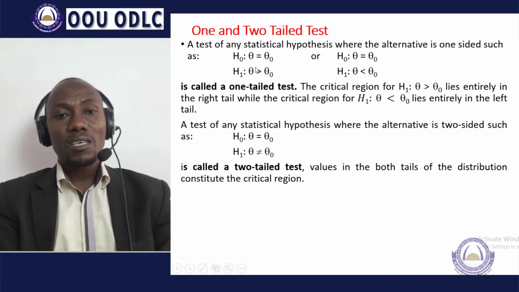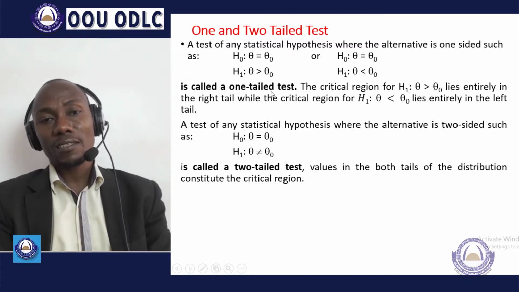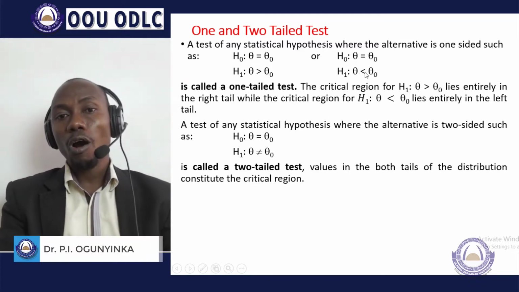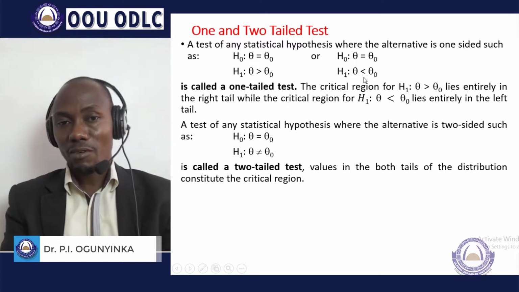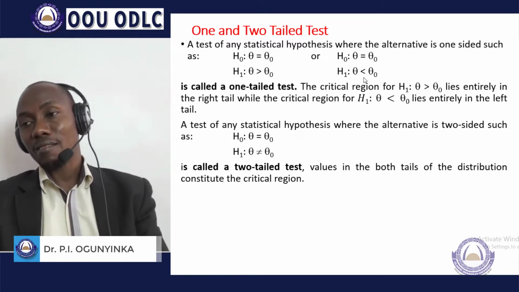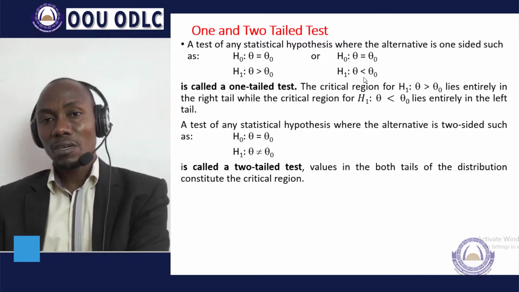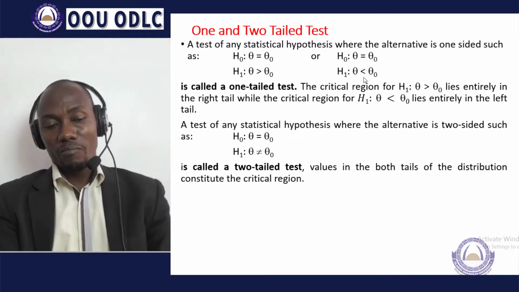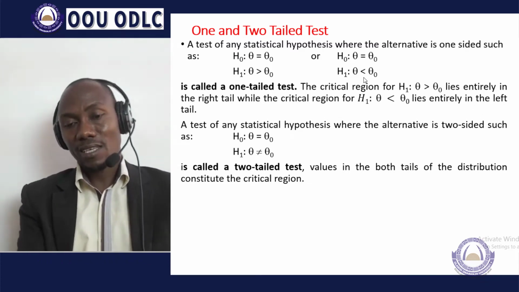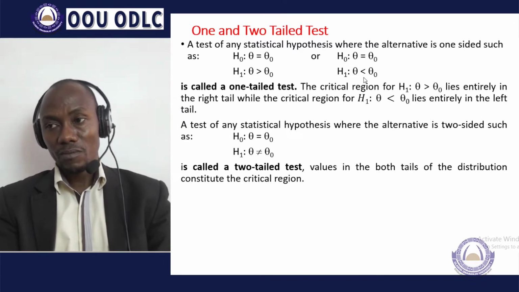If it says theta is greater than theta naught or theta is less than theta naught, greater than means that it falls to the right-hand side of the distribution, and less than means that it falls to the left-hand side of the distribution.